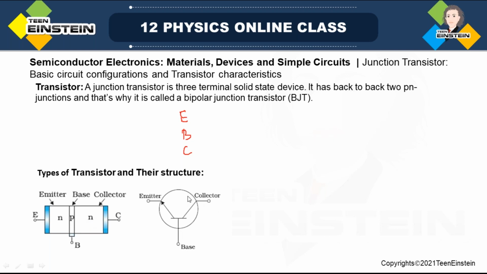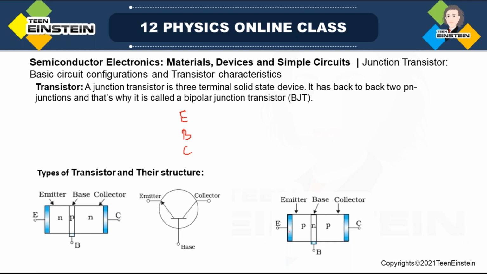And we had discussed two different types of transistors, NPN and PNP. It depends on whether you use N-type semiconductor as emitter, P-type semiconductor as base, and again for the collector you use another N-type semiconductor, then it is called an NPN transistor.